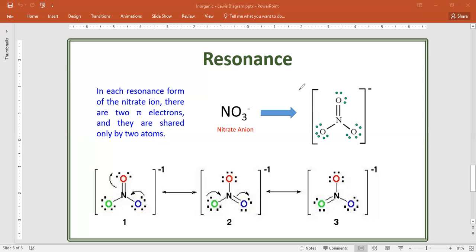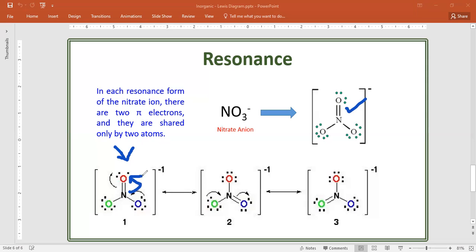Here you can easily understand that when I took a lone pair to create this particular covalent bond, I could have done it with the top oxygen, that is, nitrogen to top oxygen.